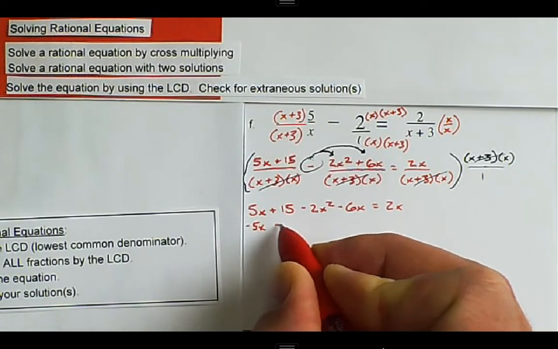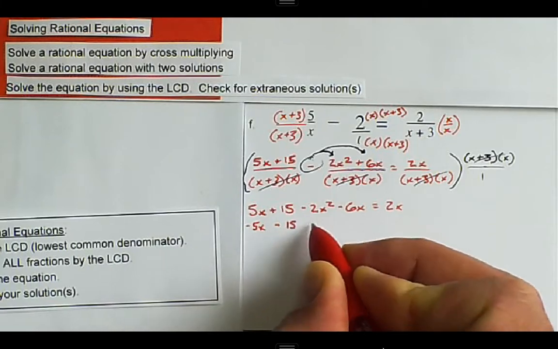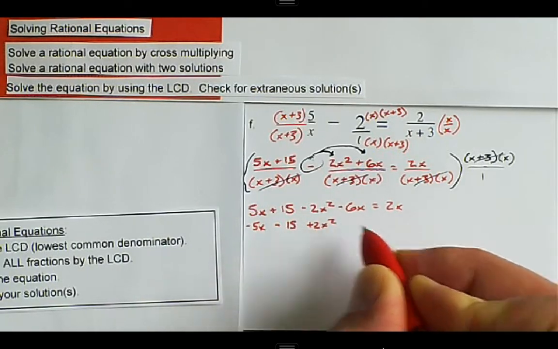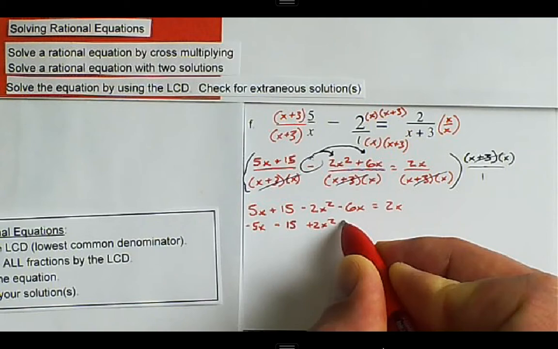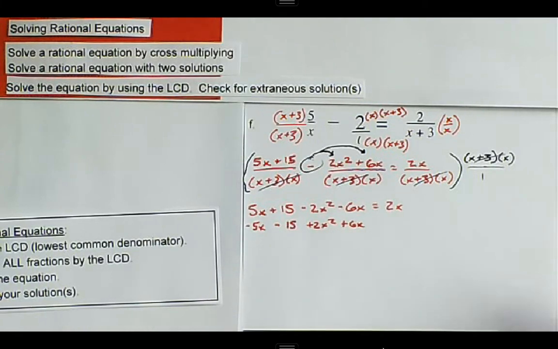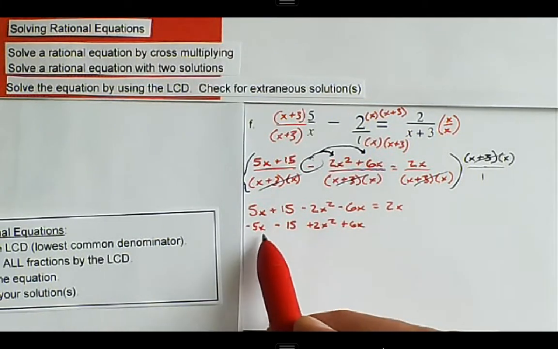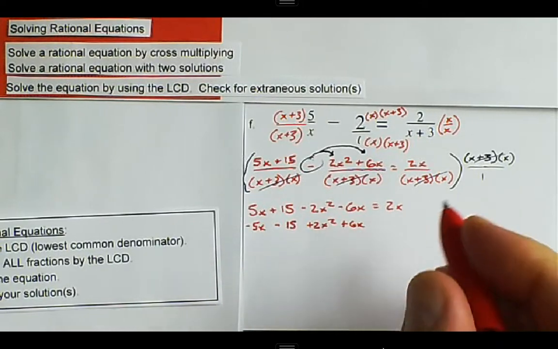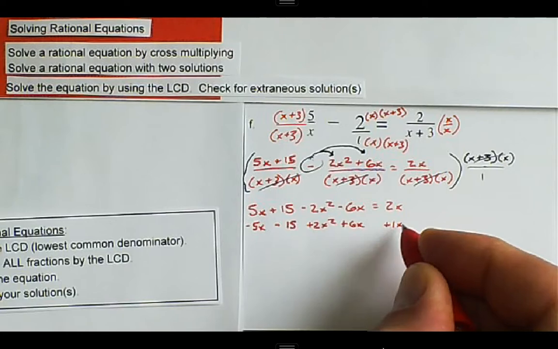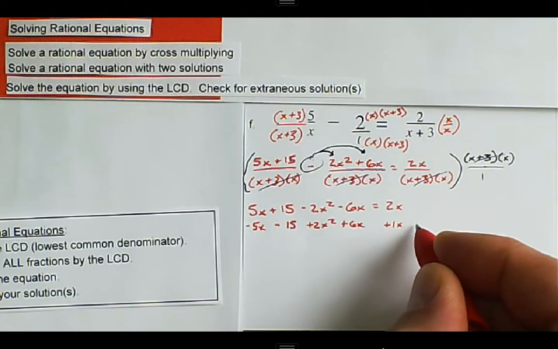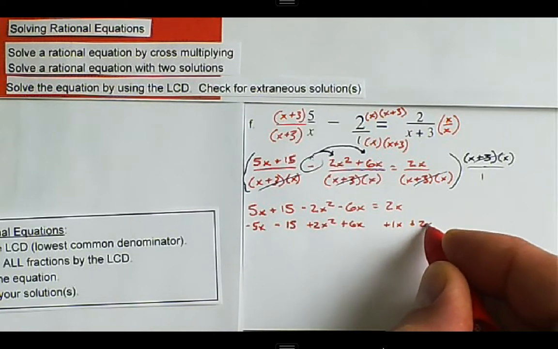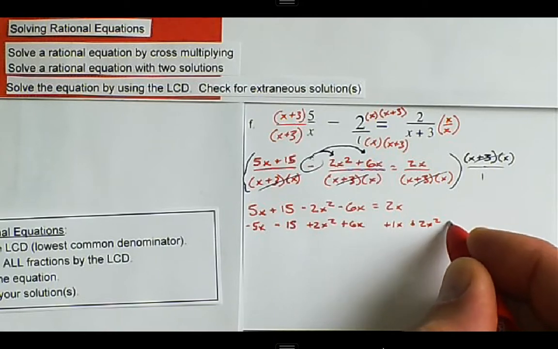We're going to subtract 15. We're going to add 2x squared, and we are going to add 6x. And the negative 5x plus the 6x is just plus 1x. Then we're going to say plus 2x squared, plus 15.